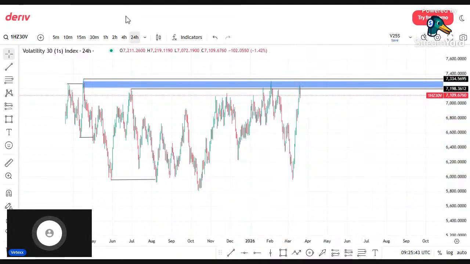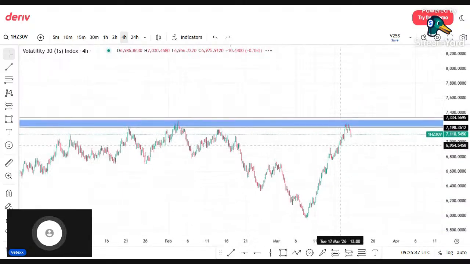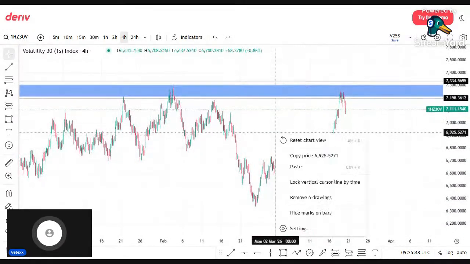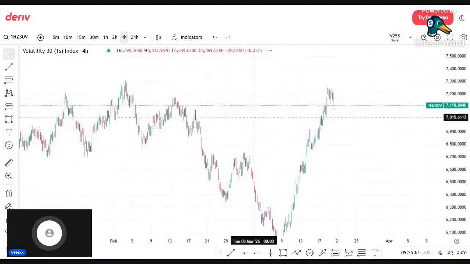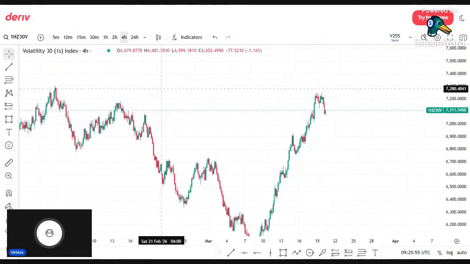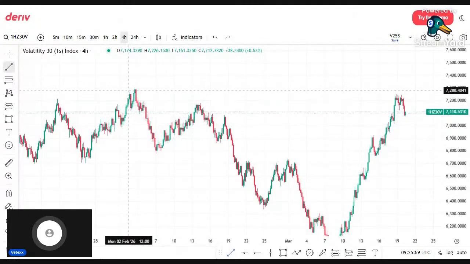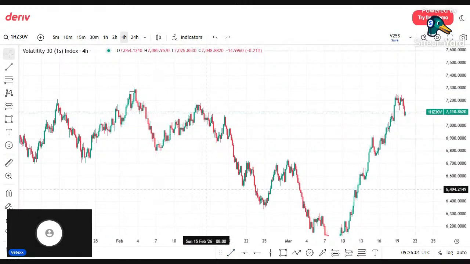But then on the 4 hour time frame, price came back to the point of interest and then gave a structure, which we have this. Let me take this out. We have this on the 4 hour time frame. There is a sweep of liquidity, which is this.